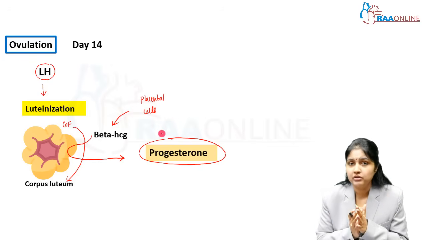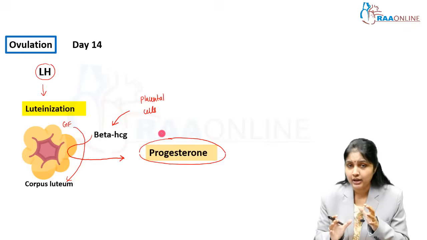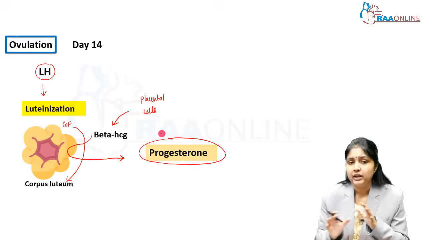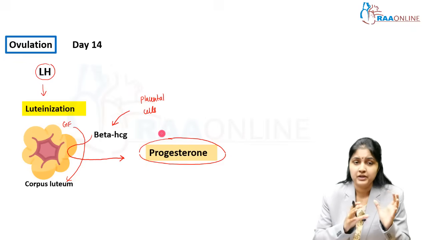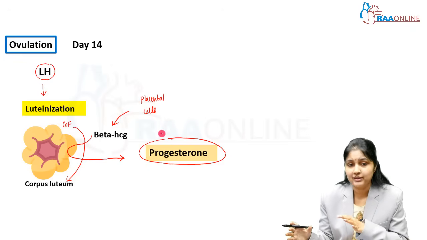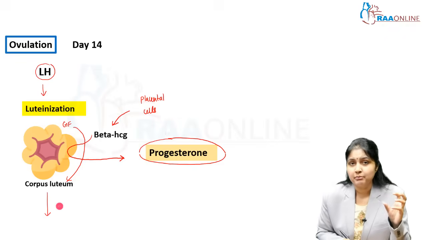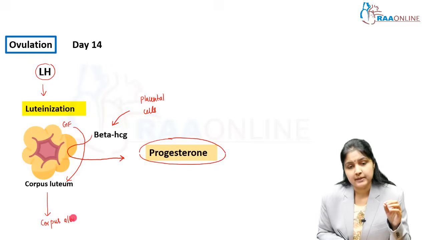So the corpus luteum is a very important structure for an ongoing pregnancy. If there is no fertilization and she is bound to have the next menstrual cycle, this corpus luteum will eventually become a fibrosed scar tissue called corpus albicans.